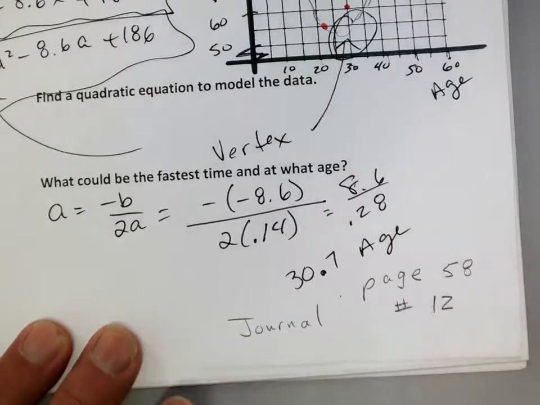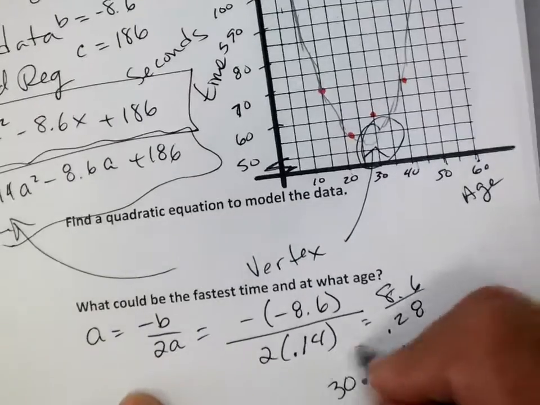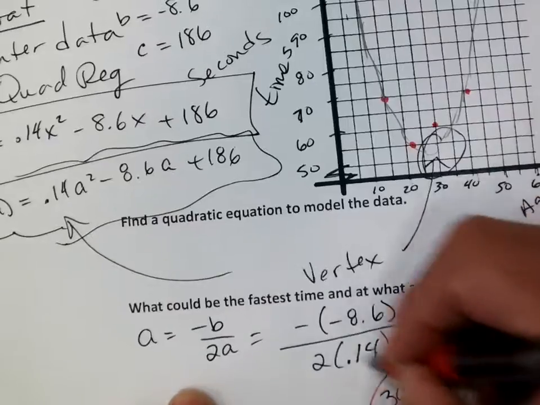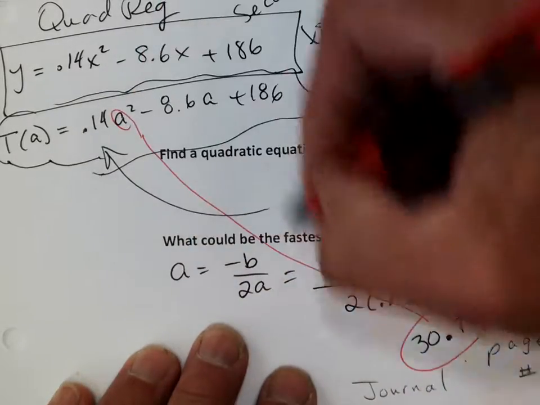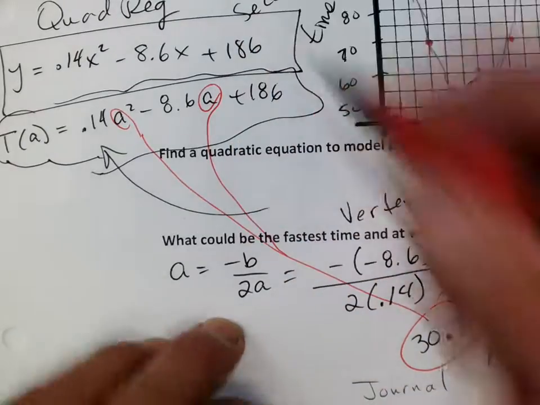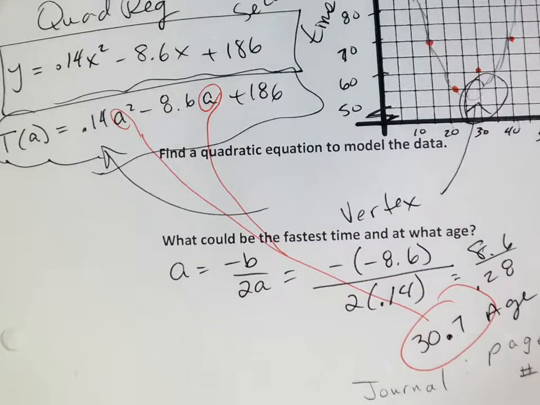Plug it in, right? So let's take our 30.7 and plug it in for a here and here into my quadratic model, my equation, right?